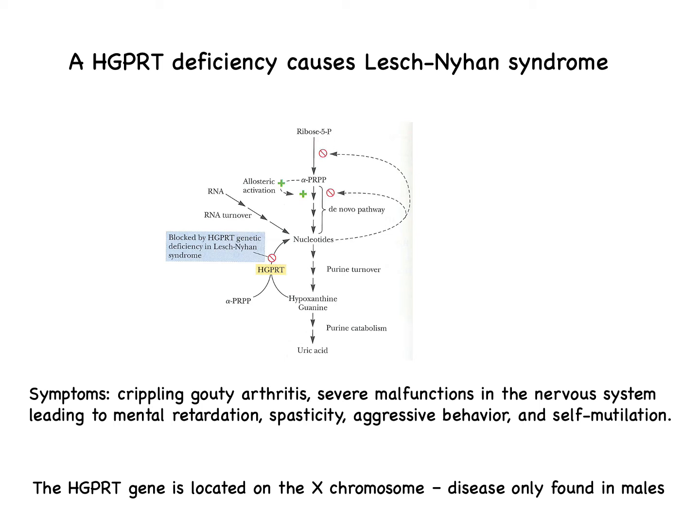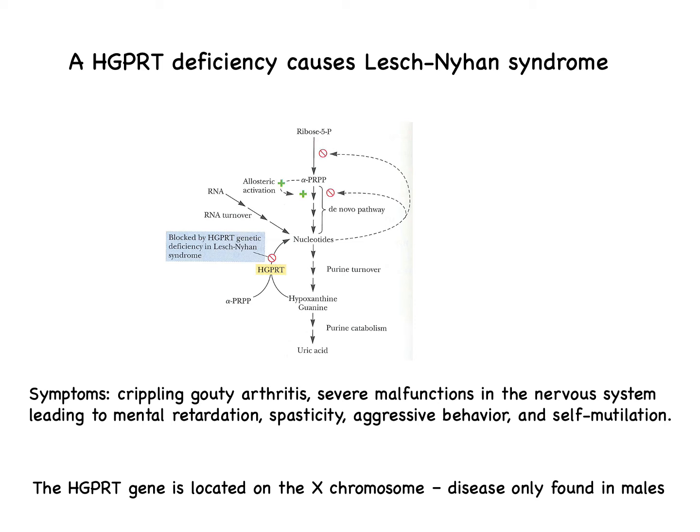If you don't have that enzyme, the HGPRT, you can cause some very serious issues, which is called Lesch-Nyhan syndrome. And the symptoms are crippling gouty arthritis, so it's a really terrible form of gout, basically, which you might imagine would have similar effects that gout has.